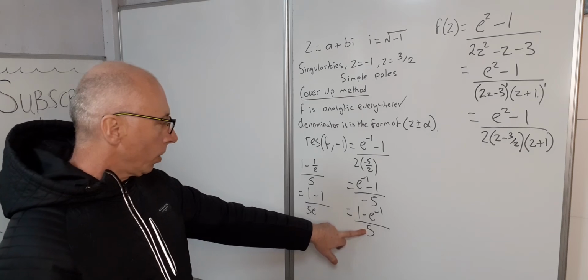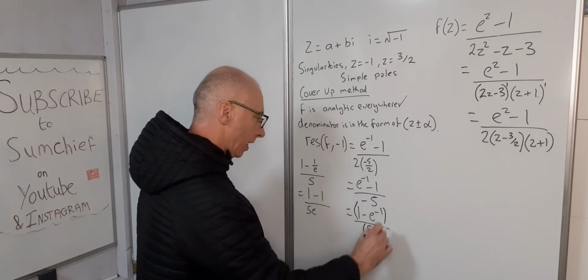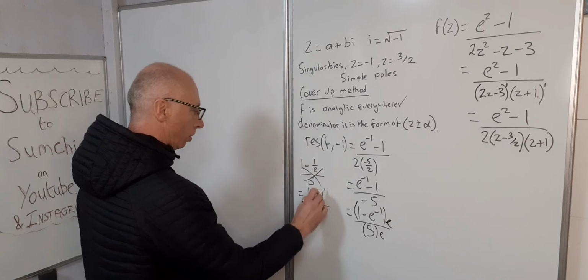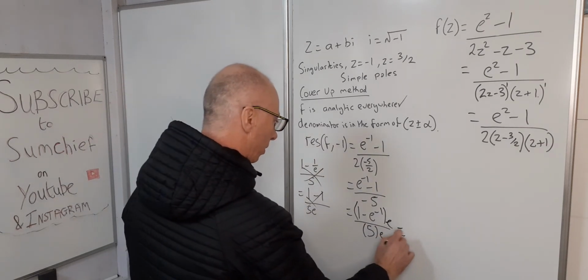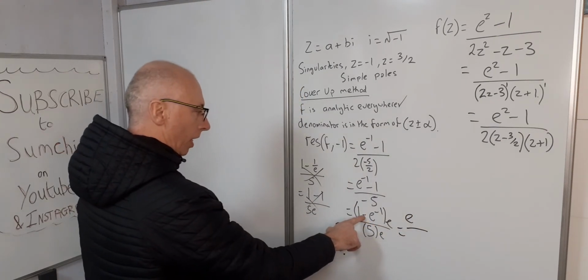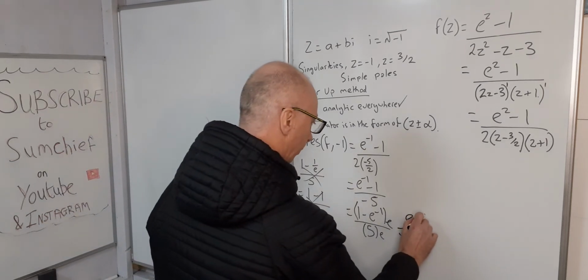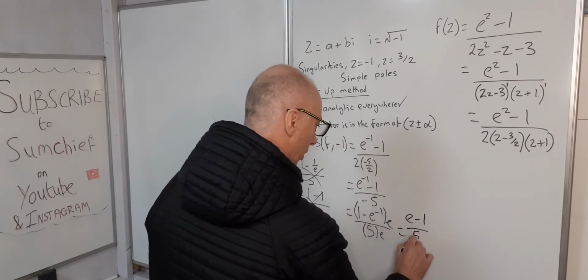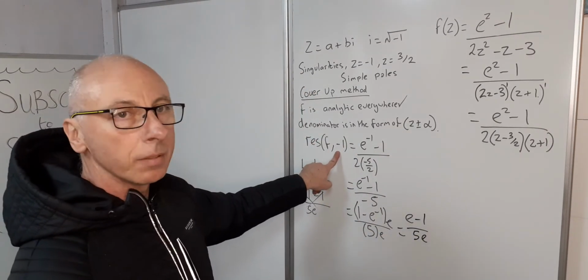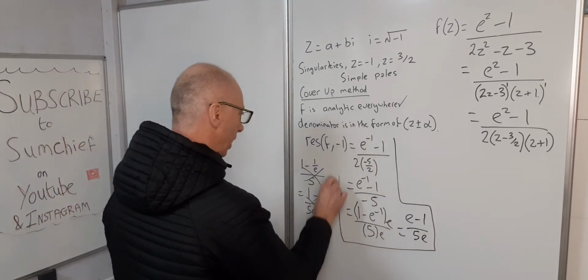So what we can do is multiply top and bottom by e. That gives us e times 1 is e, minus e times e to the minus 1, which is just 1, over 5e. Okay, so that's our residue of f at minus 1. That's taken care of, so that's our answer for that.